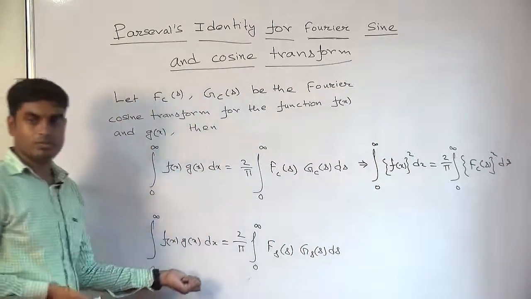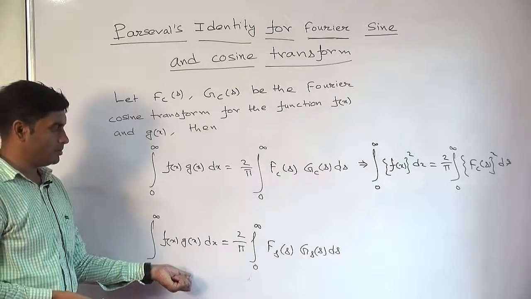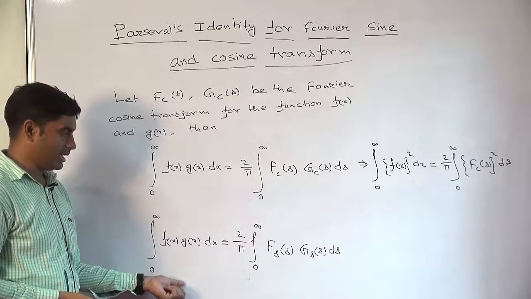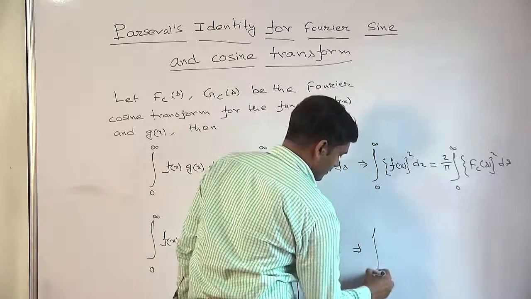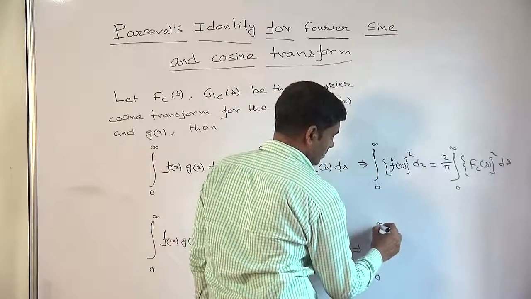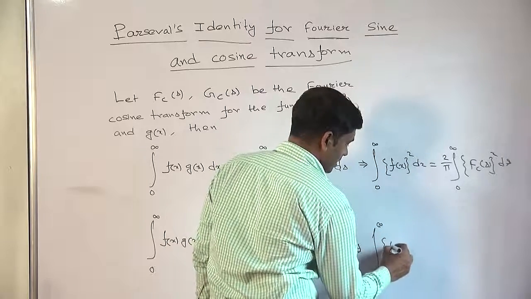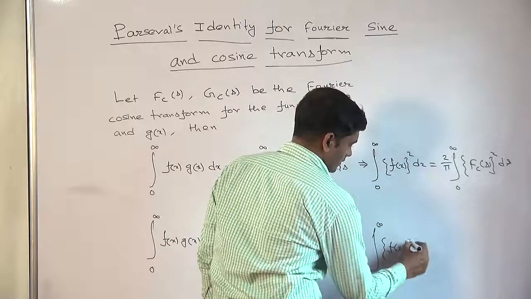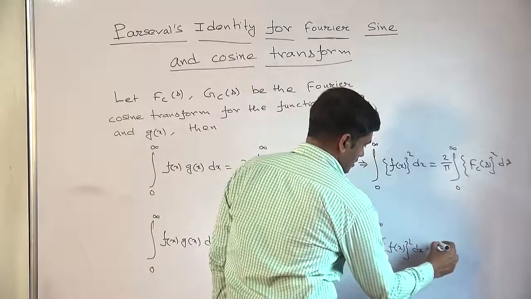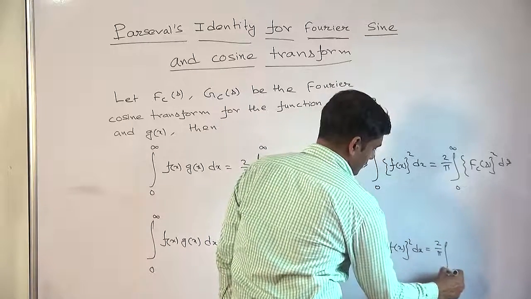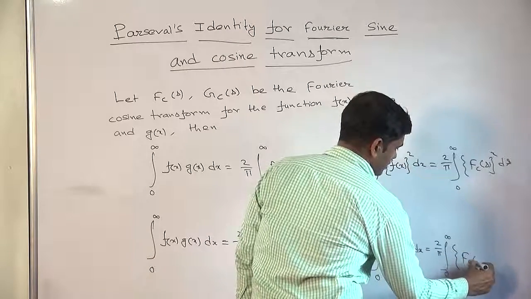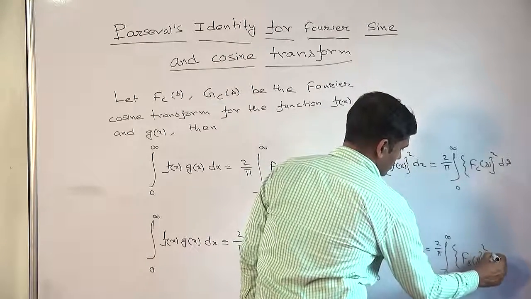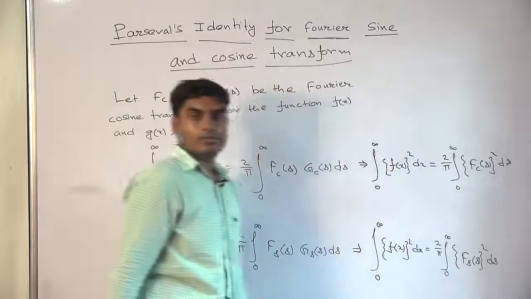Now similarly for the Fourier sine transform, Parseval's identity becomes a similar type of equality: the integral of f(x) squared dx equals 2 by pi times the integral from 0 to infinity of the Fourier sine transform of the function, squared, ds.